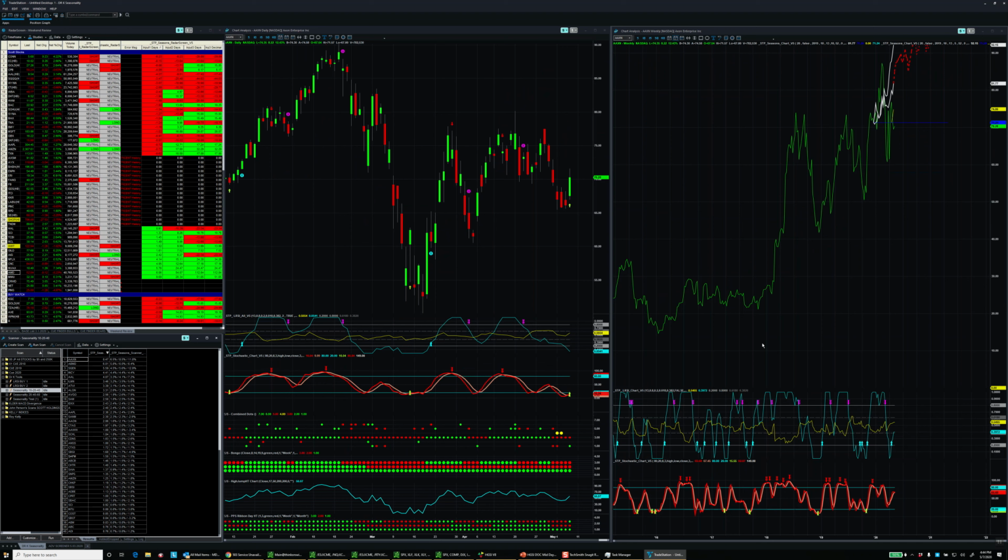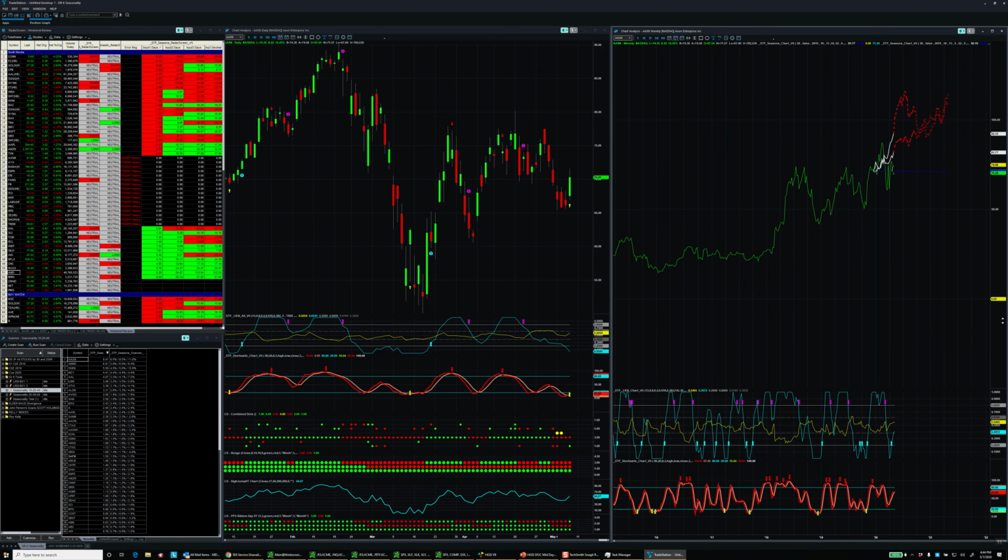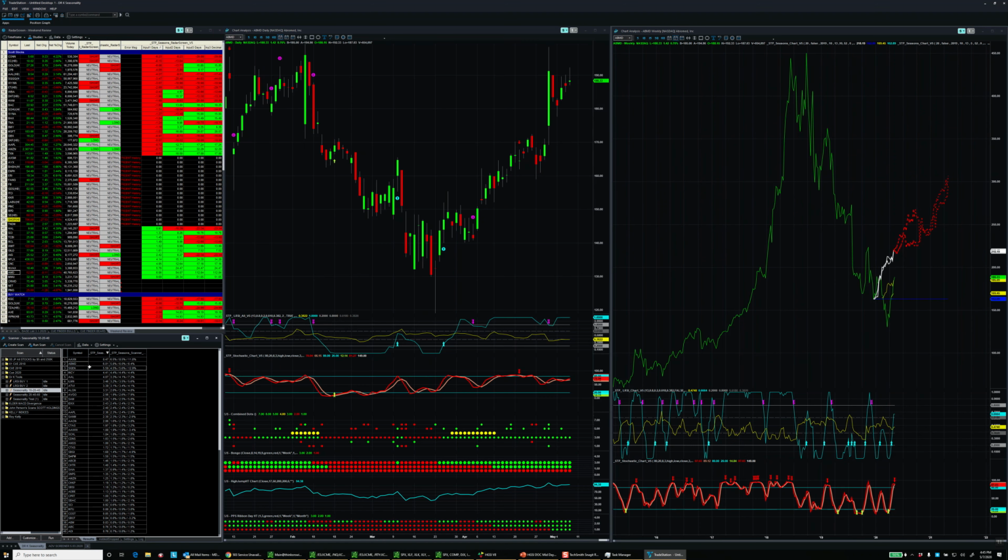AAX, okay, very bullish seasonality. Stochastic signal today, the Laguerre getting in a position where once it turns around, it'll fire. So I might be technically and seasonality aligned. ABMD, Abiomed.